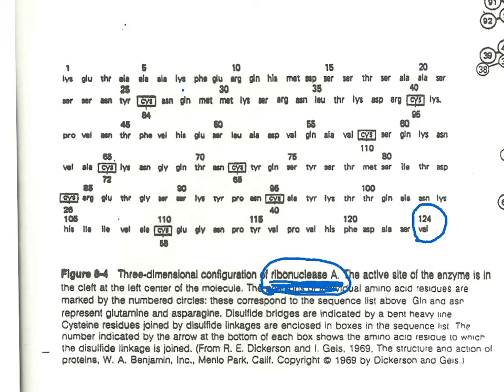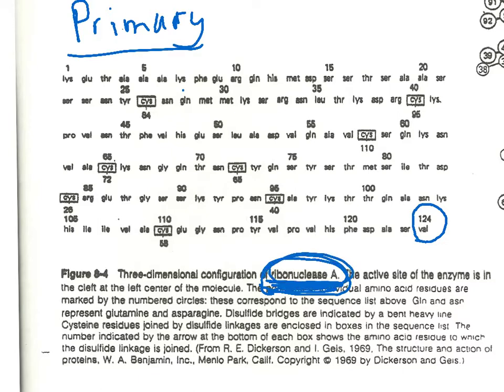And I think if you look at it, there's nothing in here about shape or how anything winds up or coils or anything like that. This is simply the order of amino acids. Which level of structure is the correct amino acid sequence? Well, it'll be the primary structure, of course. And so this table gives the primary structure of one molecule of ribonuclease A.